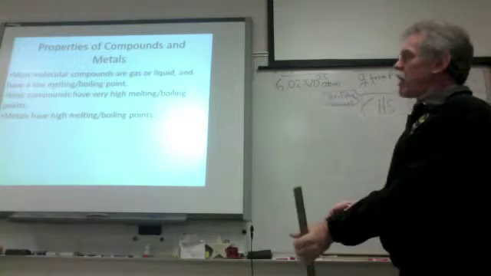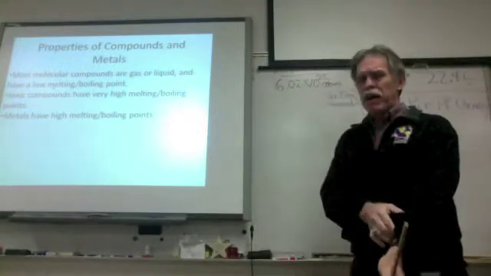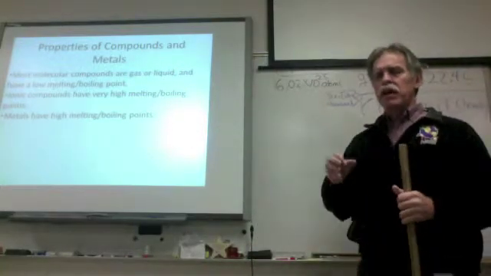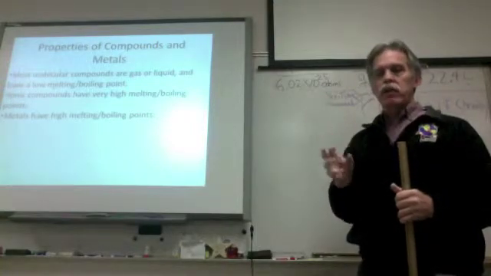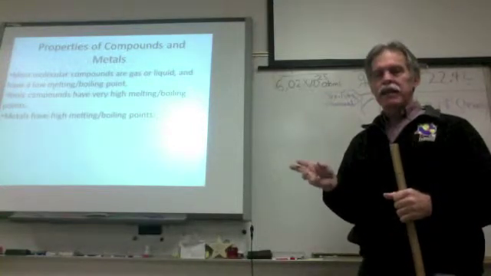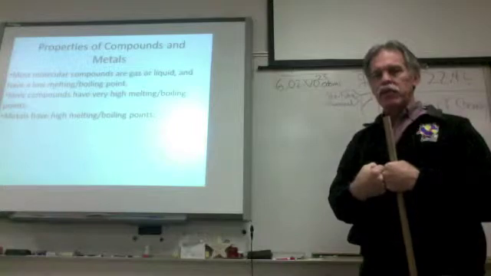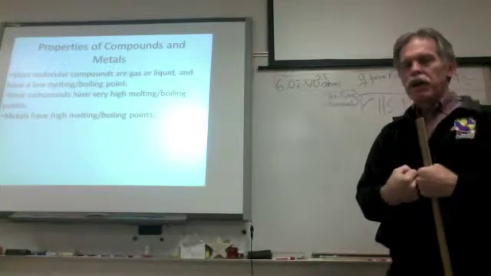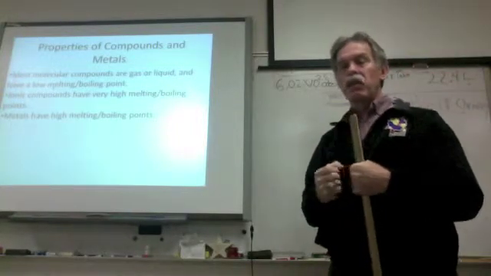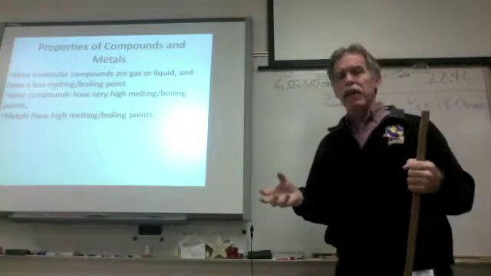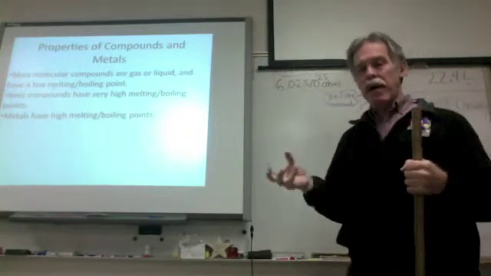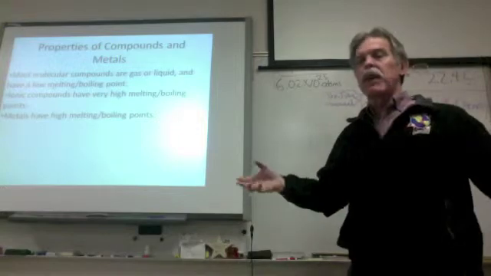Properties of compounds and metals in general: molecular compounds are liquids or gases because they don't have tremendous attractions between molecules. And very few of them are solid. The really big molecules are solid because now they also have lots of dispersion forces because of lots of electrons.